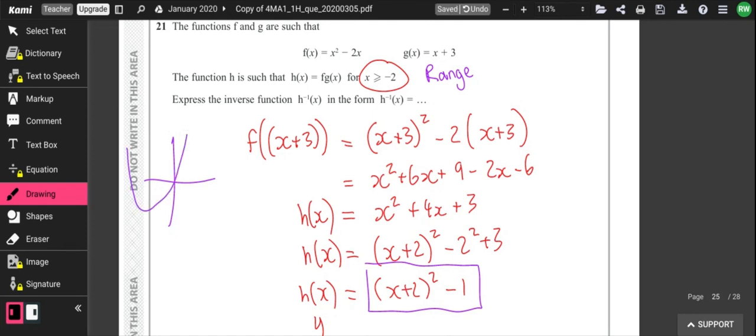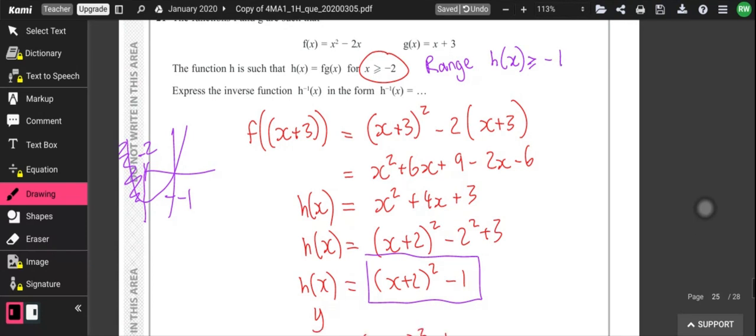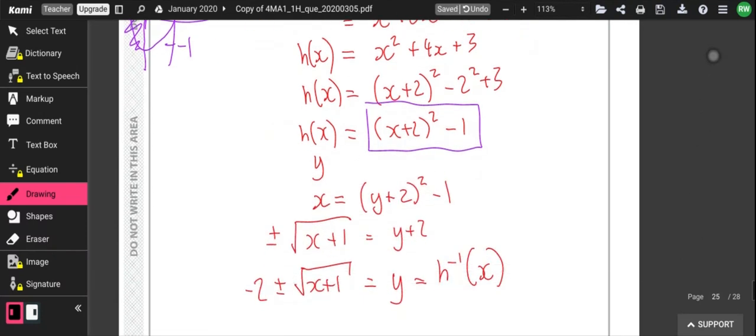And the turning point is going to be at negative 2 and negative 1. So for all values of x, this would be greater than or equal to negative 1. We're restricting the domain from negative 2. So all of the left side of the graph has gone, and the range is still h of x is greater than or equal to negative 1. Now when we do the inverse, so for h inverse of x, the domain is going to be x is greater than or equal to negative 1.